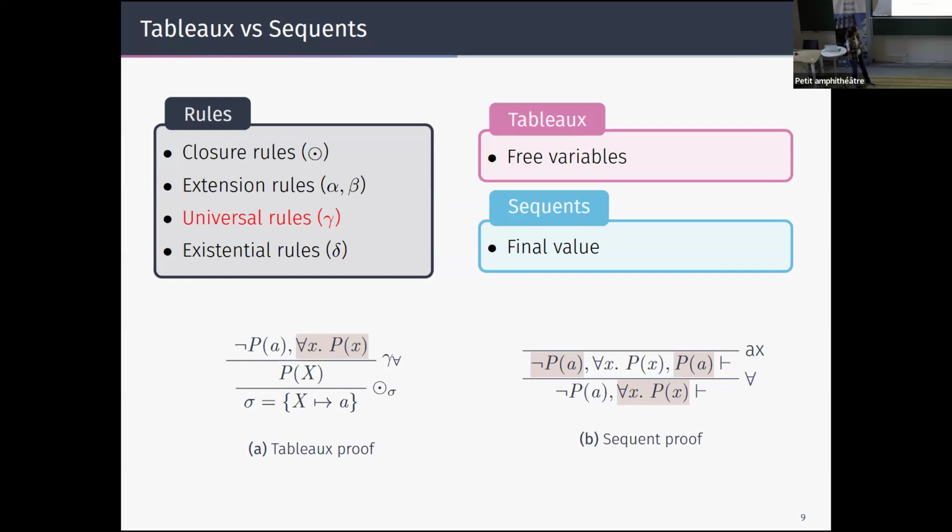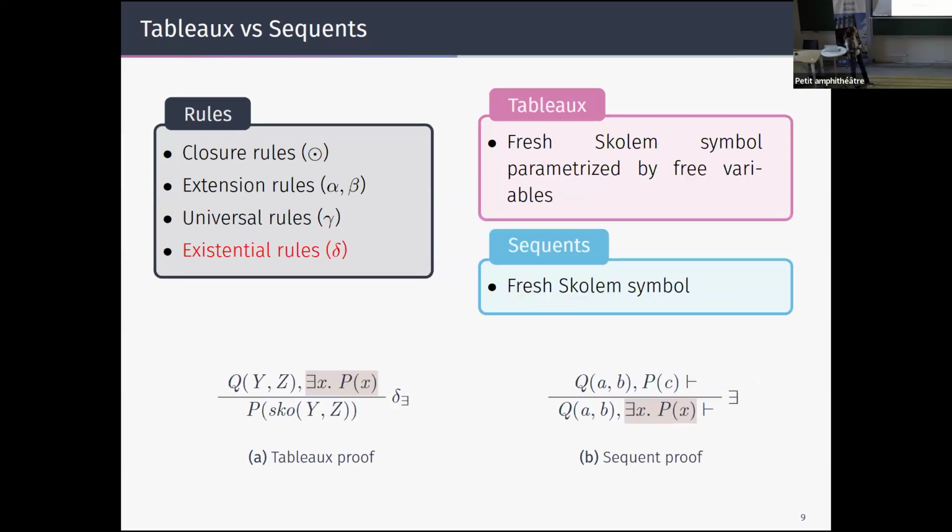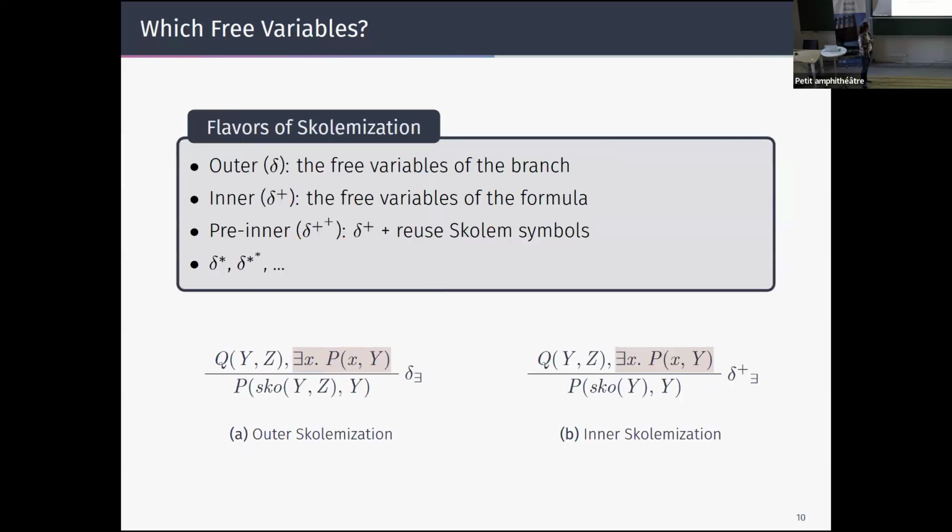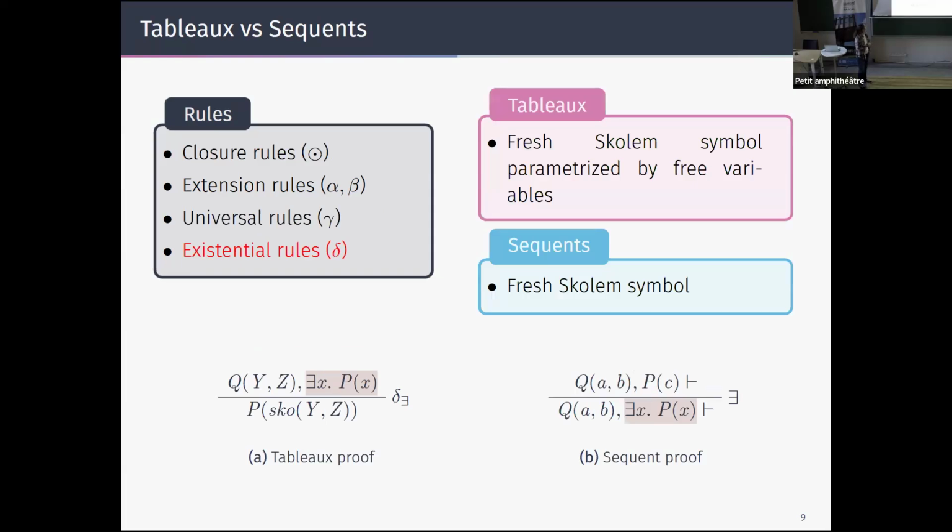Okay. And for existential rules, in Tableau, we need to introduce a fresh Skolem symbol that takes as parameters the free variables of the branch. So here, if I have Q of Y, Z, and exists x, P of x, with Y and Z free variables of the branch, when I skolemize, I have something like P of sko(Y, Z).